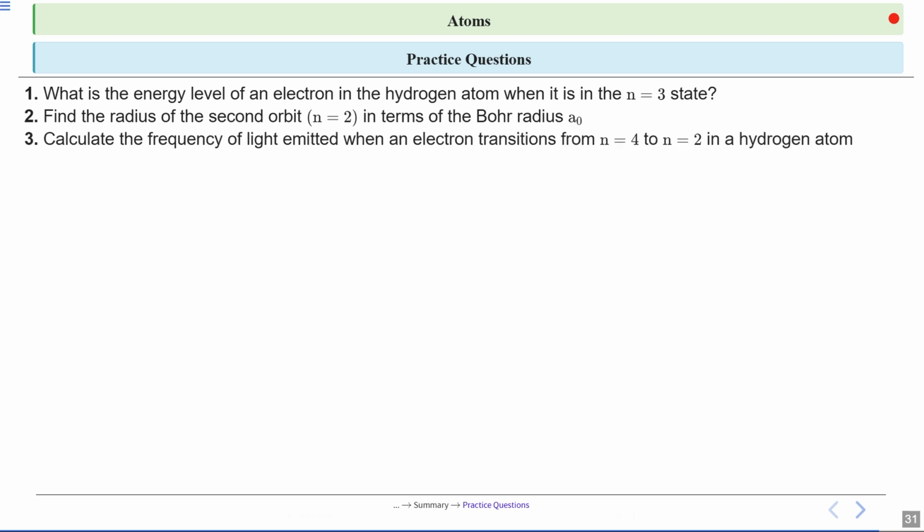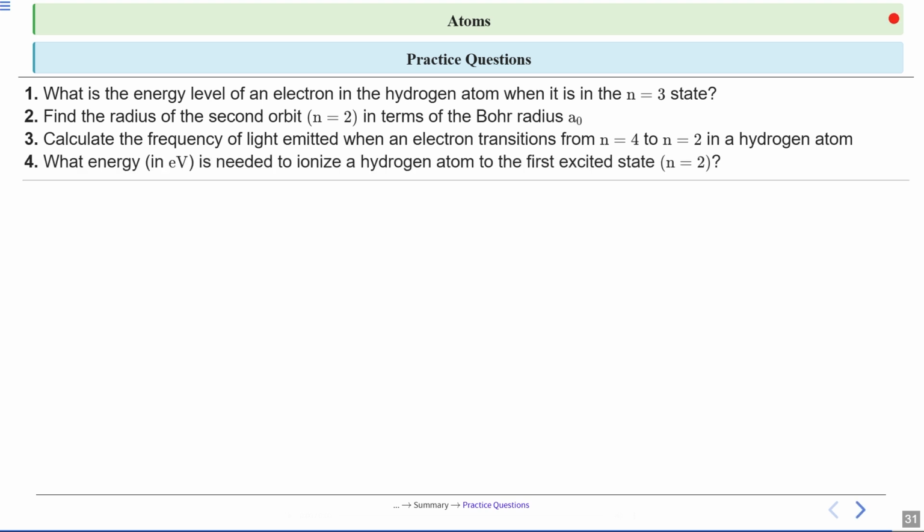Next, let's calculate the frequency of light emitted when an electron drops from n equal to 4 to n equal to 2 in a hydrogen atom. When an electron moves to a lower energy level, it releases energy as light. The energy difference between these levels determines the frequency of the emitted light.